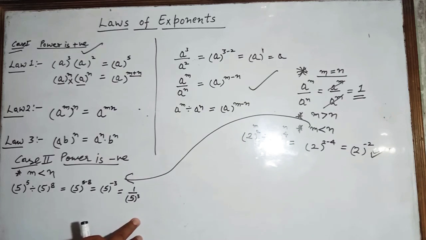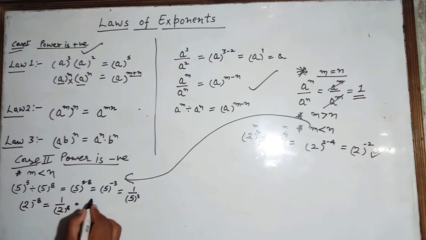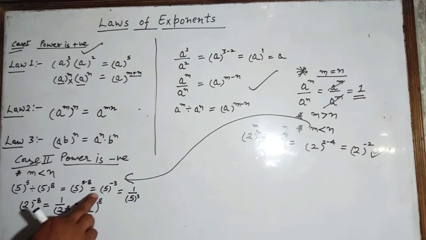Or if a number is like 2 to the power minus 8, what does it mean? It means we can write it as 1 upon 2 to the power 8, or simply as 1 upon 2 to the whole to the power 8. Why? Because it is in the denominator; when it comes up, its power will be negative.